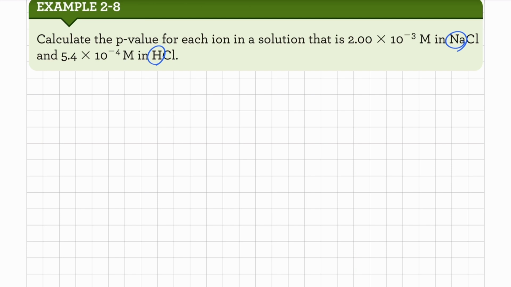It only appears in one of our substances. So the concentration of hydronium ion is here, 5.4 times 10 to the power of minus 4 molar. You can see the same for sodium ion as well. It only appears in one of our substances. The hard part of this problem is the concentration of Cl ion. So let's start. The first part, we can say pH equals minus logarithm.